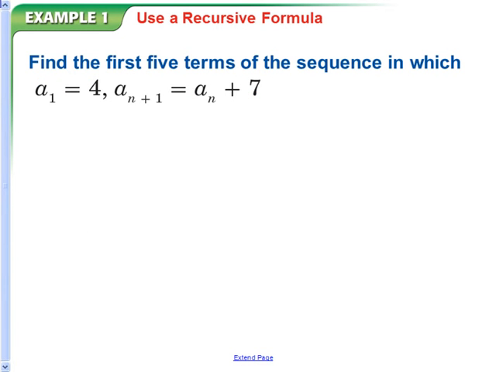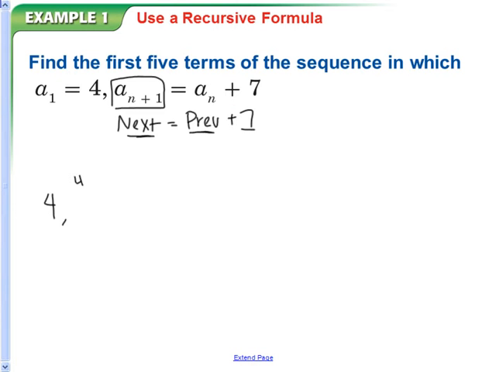Let's do another one. a sub 1 is 4, so that's my first term. This says my next term equals my previous term plus 7. This one's actually a little bit easier than the last one. All I need to do to figure out my next one is to take the previous plus 7.